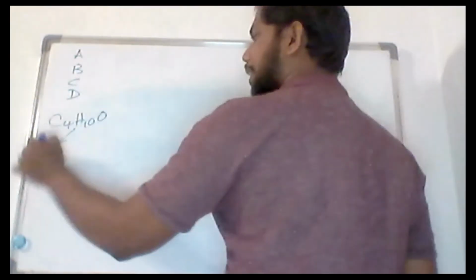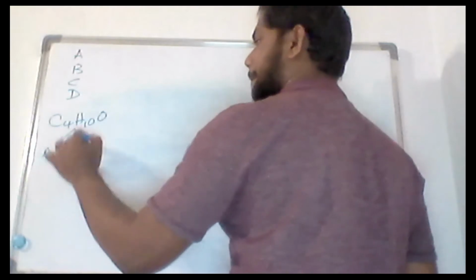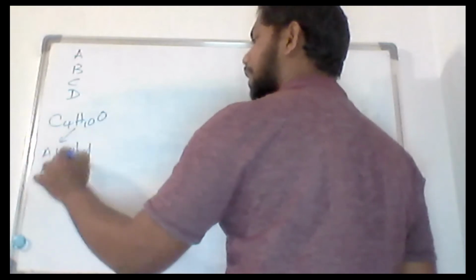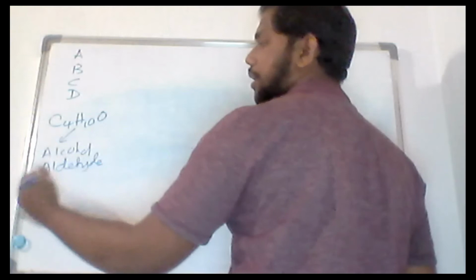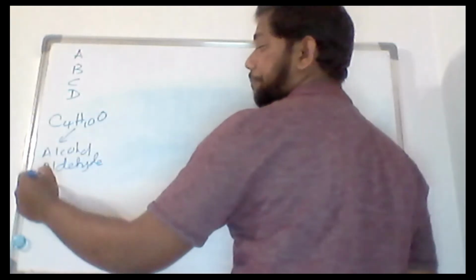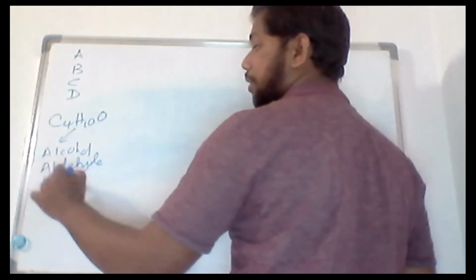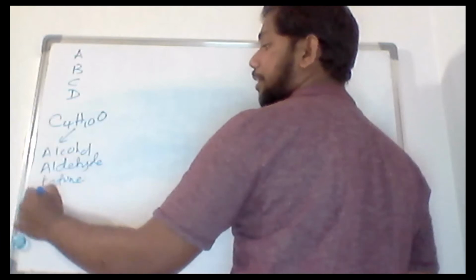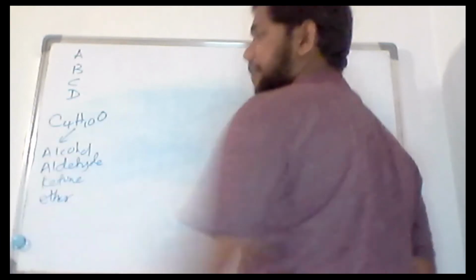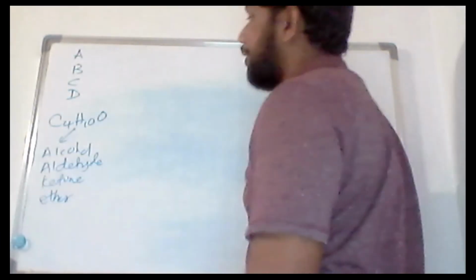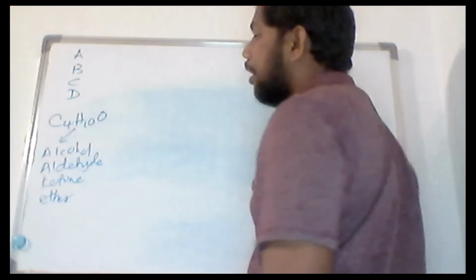So this could be an alcohol, an aldehyde, a ketone maybe, or an ether maybe, because all of these contain a single oxygen atom. Okay, so we will move on.